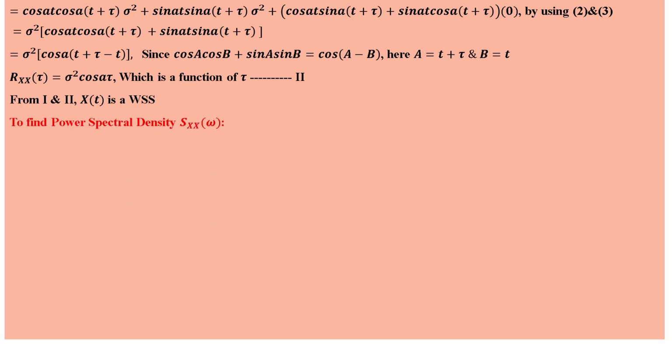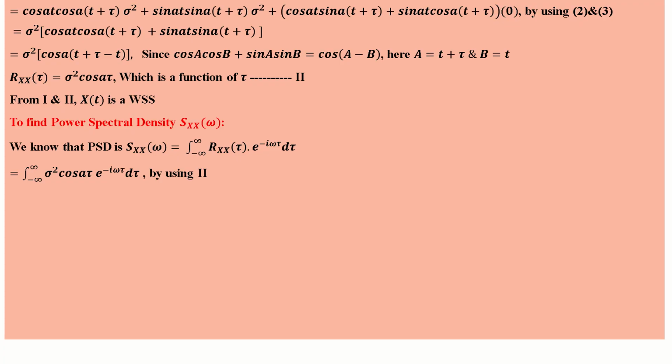Now to find the power spectral density, Sxx(ω), which is equal to the Fourier transform of Rxx(τ), which is the integral from −∞ to +∞ of Rxx(τ) e^(−iωτ) dτ. From Roman letter 2, we can replace Rxx(τ) by σ² cos ατ e^(−iωτ).